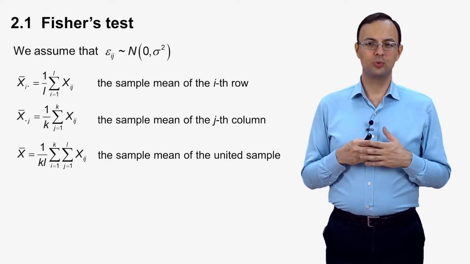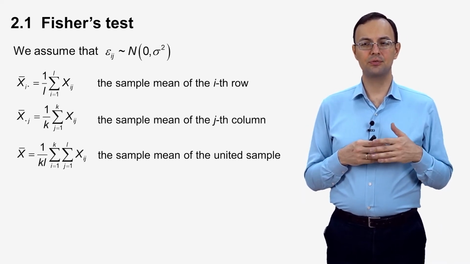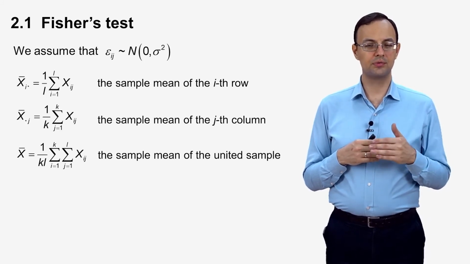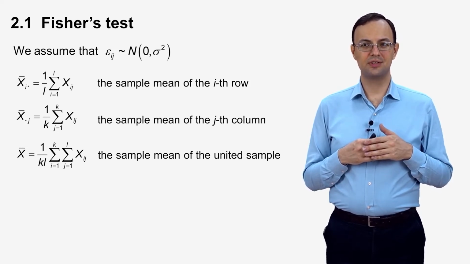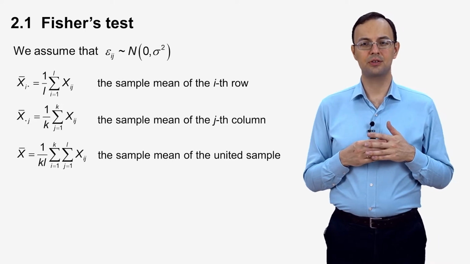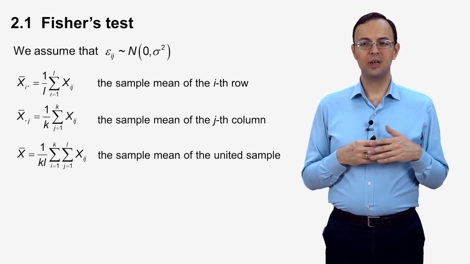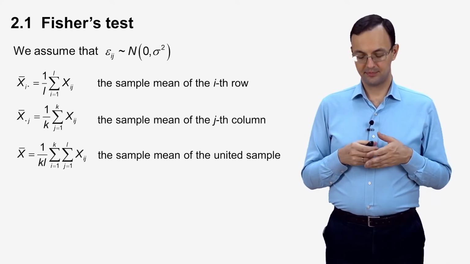So what do we do? We calculate sample means, so mean values for rows and columns of our table. So x bar i dot is the sample mean for the ith row, and x bar dot j is the sample mean for the jth column. And we calculate the global sample mean also, as in the previous case.